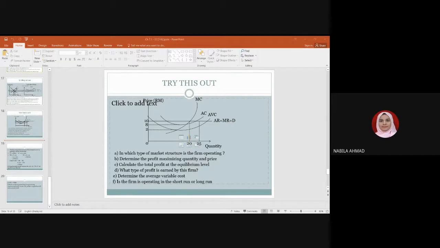Untuk soalan 1 tu, dia dalam bentuk diagram kan, yang macam kita bincang tadi tu. Okay, untuk soalan 2, dia bagi dalam bentuk table. So dalam bentuk table, kita kena selesaikan dalam table tu dulu lah.